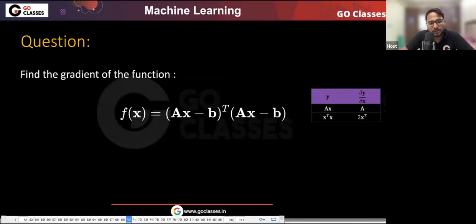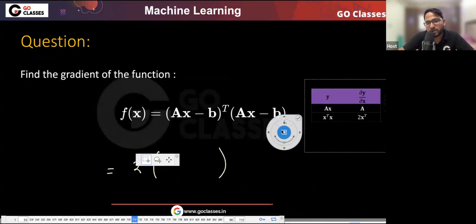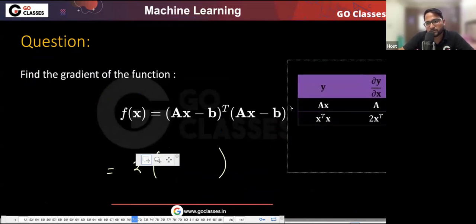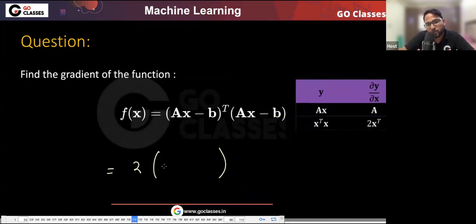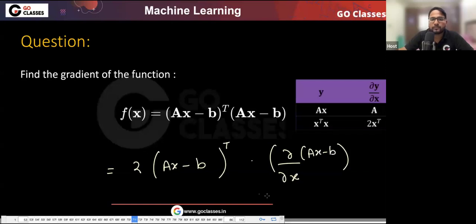If it is x transpose x, then it will be 2 into x transpose. Do you remember that if it is X transpose X only, then it is 2 into X transpose. So 2 into (AX minus B) transpose into the differentiation of whatever you assume that to be X.